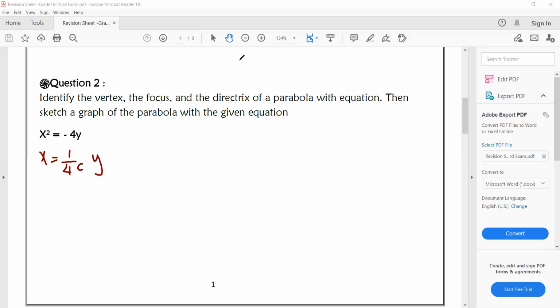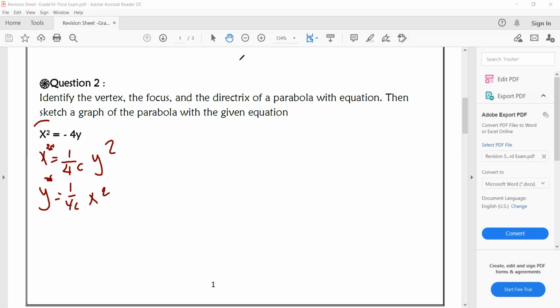These are the standard forms: x equal 1 over 4c y squared, or y equal 1 over 4c x squared.